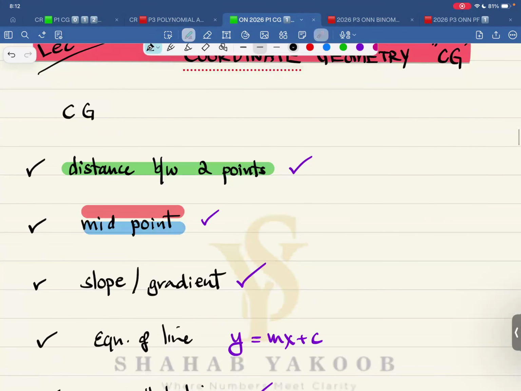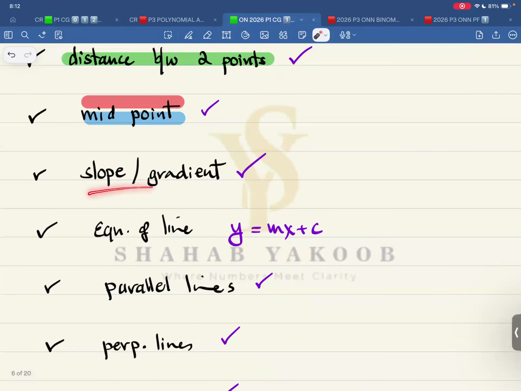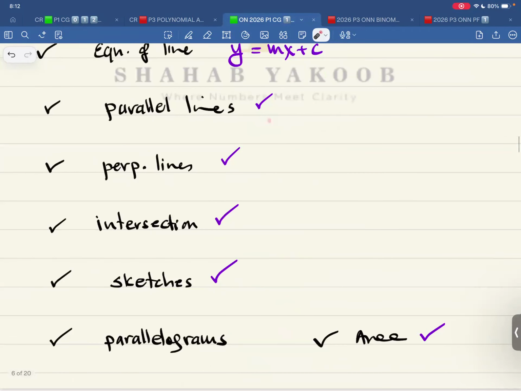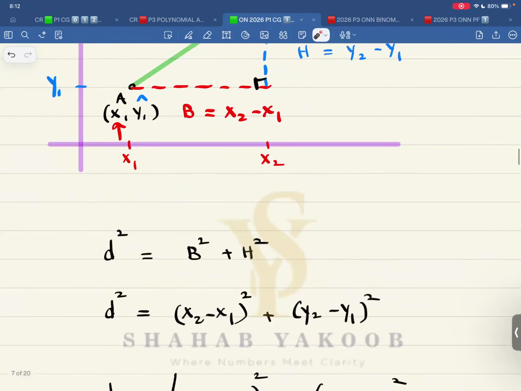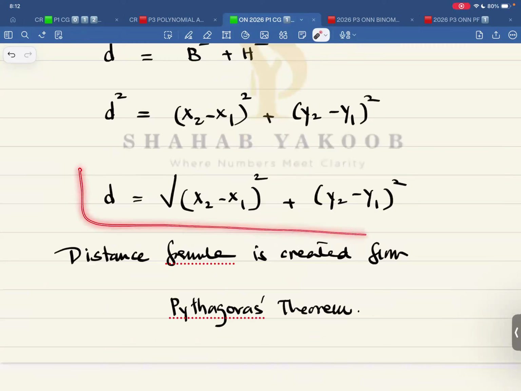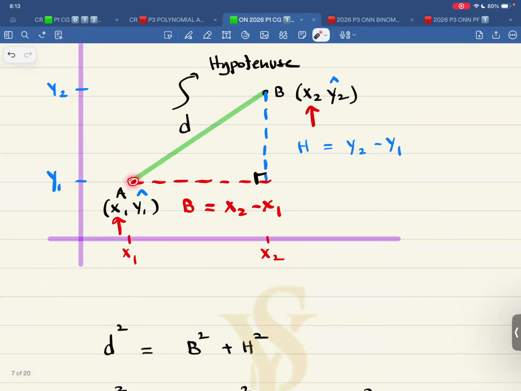In coordinate geometry, we talk about distance between 2 points, midpoint, slope, gradient, equation of a line, parallel lines, perpendicular lines, intersection, sketches, parallelogram, and area. First the distance formula, everyone knows how to use it. That's the first thing that we discussed last time. It can also be the length of this line segment.